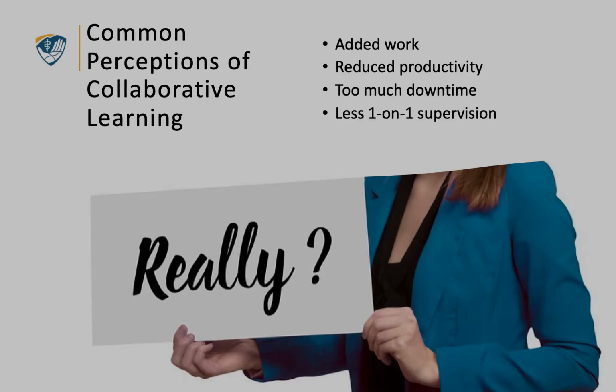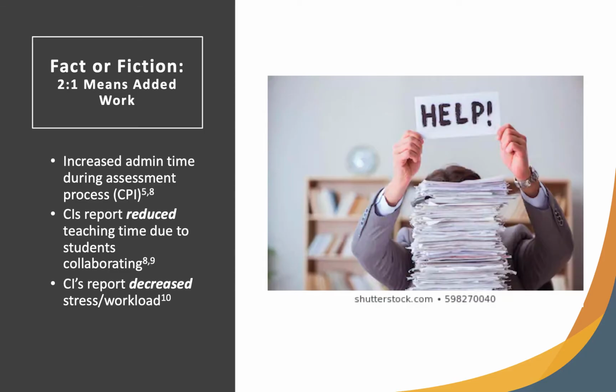Putting collaborative learning into practice is often met with some skepticism because we anticipate challenges with having two students at the same time. Let's take a look at the literature to see if any of these challenges have merit. First, it seems like a 2-to-1 model would mean more work for us as a CI. Let's see what the literature tells us about this. Certainly, the CI will have a greater administrative burden because they'll have to complete a performance assessment on 2 students instead of 1.